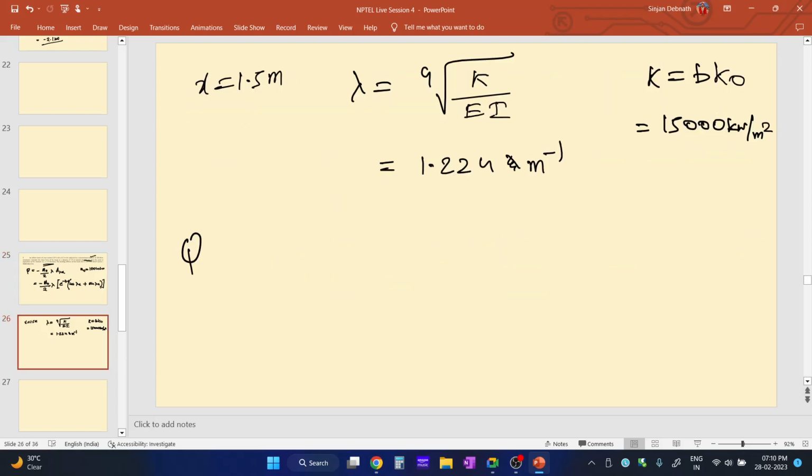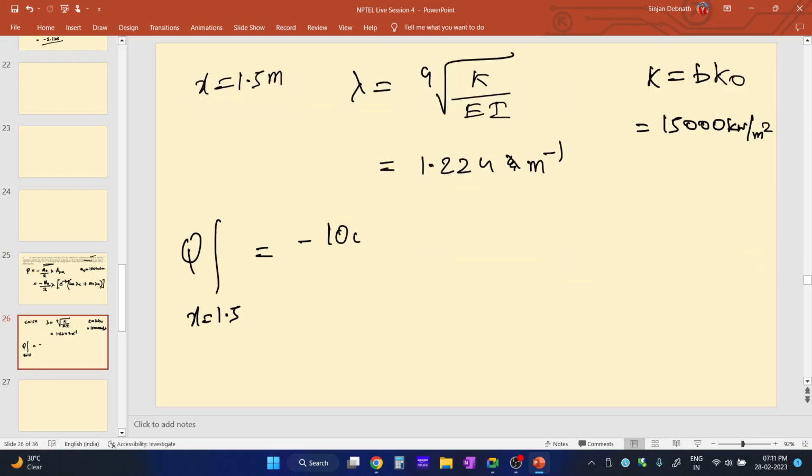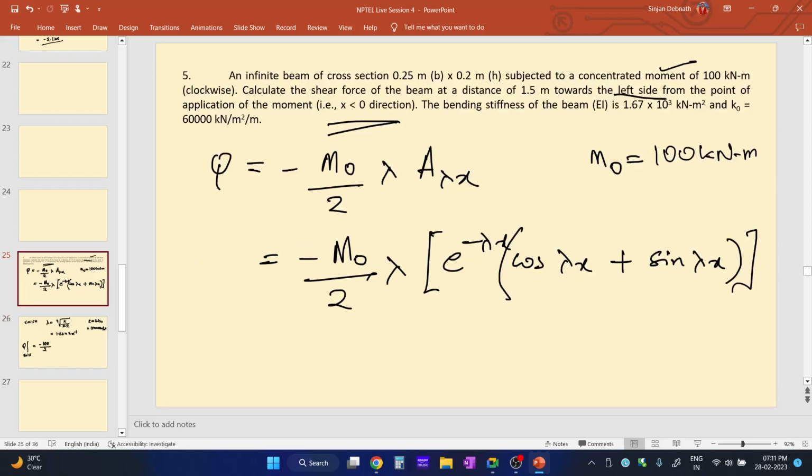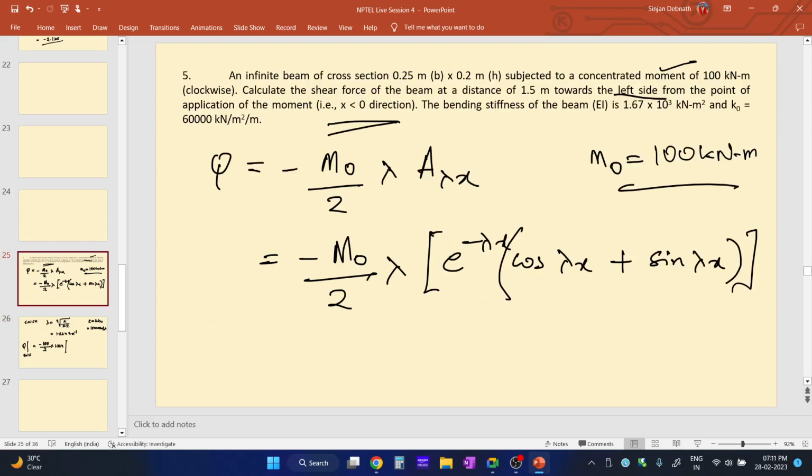So Q, the shear force at x equal to 1.5 meter towards the left side, will be equal to minus M0 by 2, so minus 100 by 2, into lambda, which is 1.224, into e to the power minus lambda x.